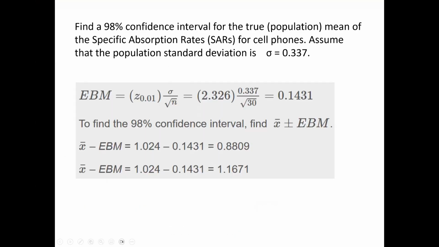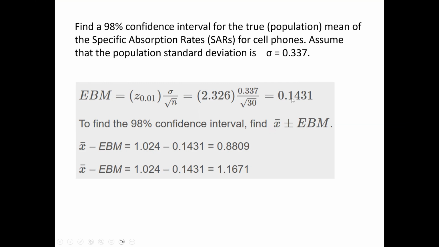And in the slides, we calculated old school by finding the error bound of the mean. A Z value for 98% is a Z value for 0.01 or 0.99 to the left of Z sub alpha over 2, which is 2.326 times the standard deviation of the population divided by the square root of the sample size.